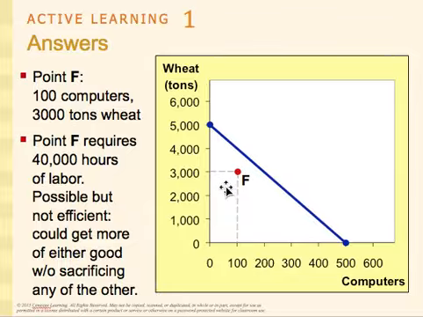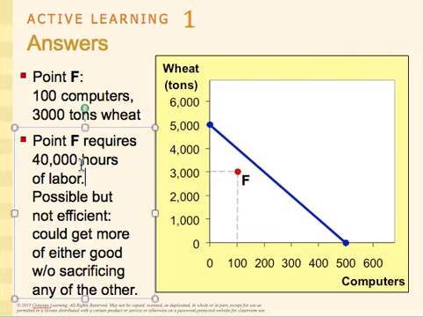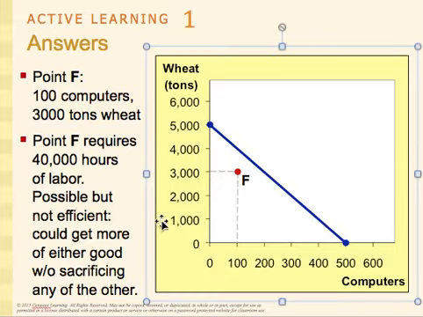You're inside your production possibilities frontier, so you're not maximizing the total number of labor hours you have available. You're only using 40,000 labor hours when you have 50,000. So this is what's considered inefficient. It's possible, but inefficient. You could get more of either good without sacrificing any of the other. You're leaving some things on the table.